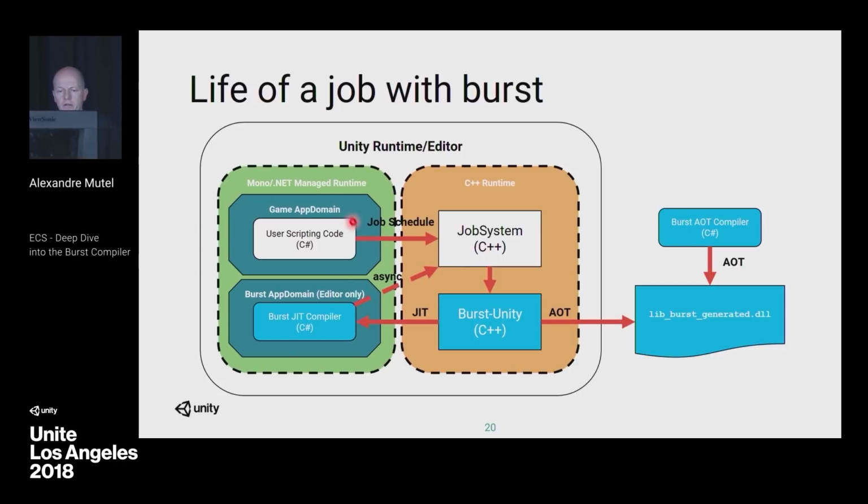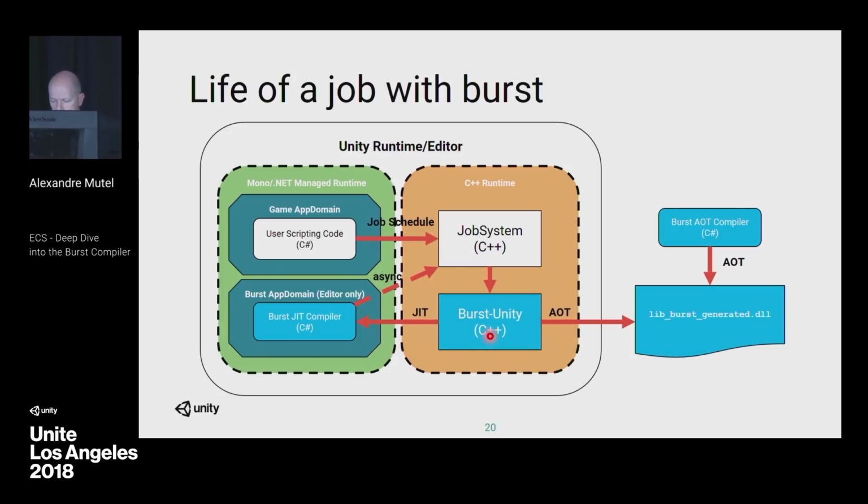So here you schedule a job, and this native pointer to the wrapper is going to the job system that is in C++, in the C++ runtime in Unity. The job system is going to communicate to Burst to ask, compile this method for this job.